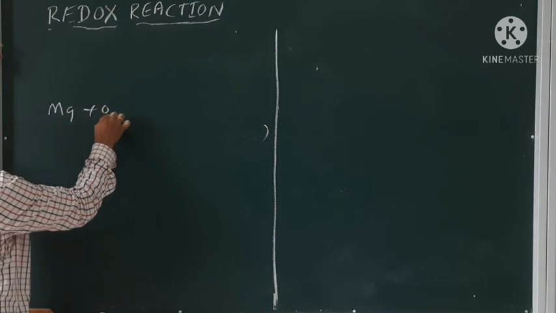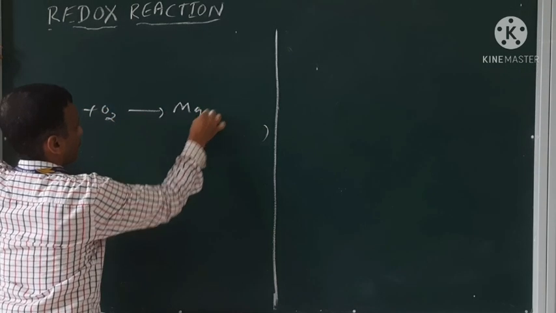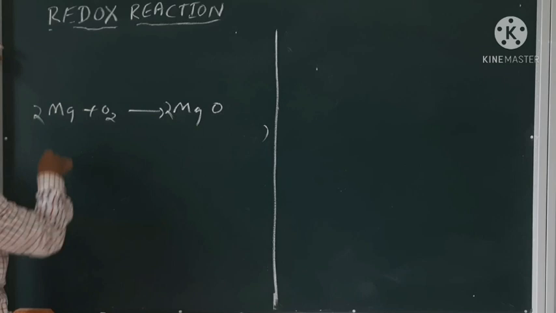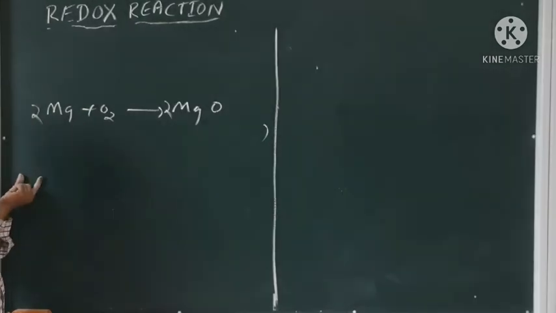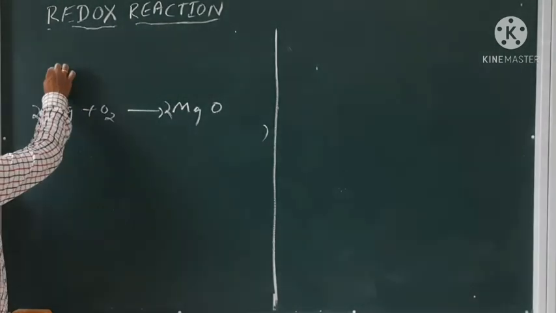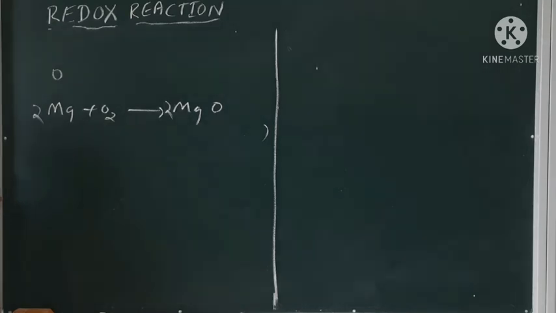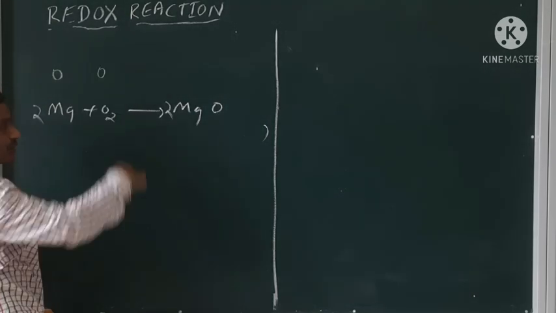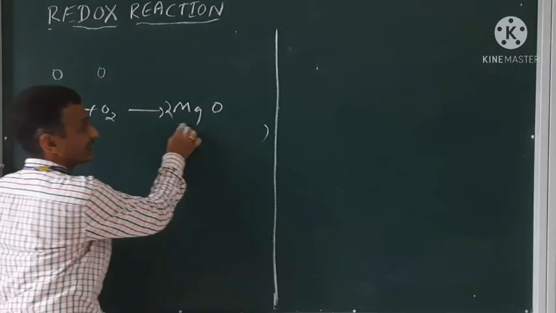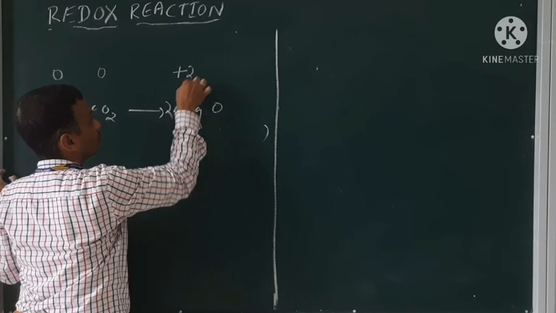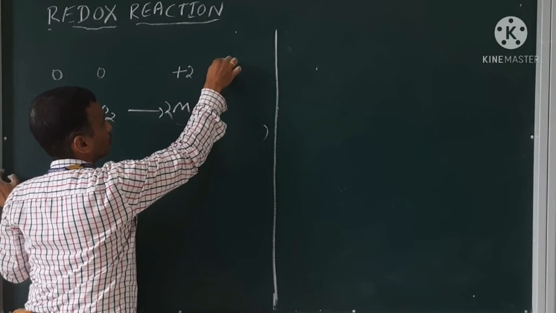Mg plus O2 giving MgO. Magnesium and oxygen are in their elemental state, so the oxidation number is 0. In the combined state, it is plus 2 for magnesium and minus 2 for oxygen.